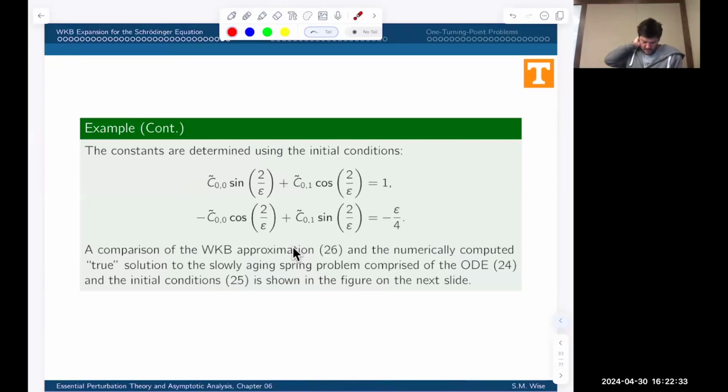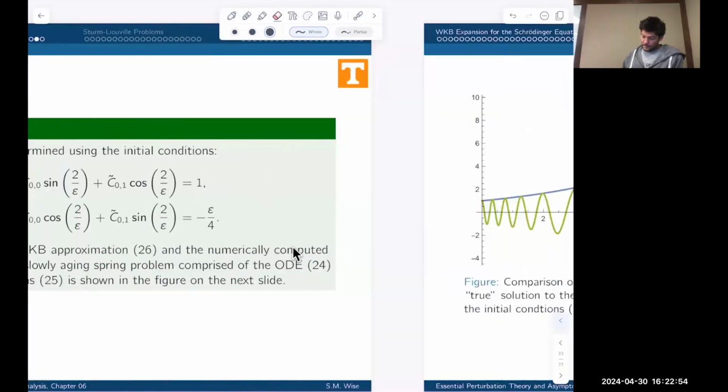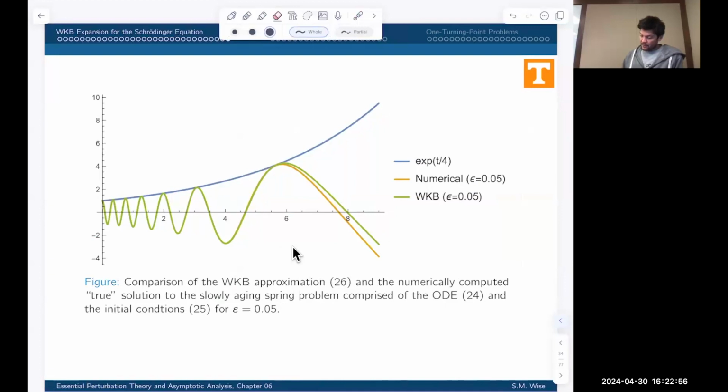All right, so now this problem isn't so hard that you can't throw it on a computer and get a nice numerical solution. So that's what I did. I fired up Mathematica and did NDSolve and gave it the initial conditions, and I solved it for a particular value of epsilon. And so when you do that, you get this numerical solution in orange, which appears here.